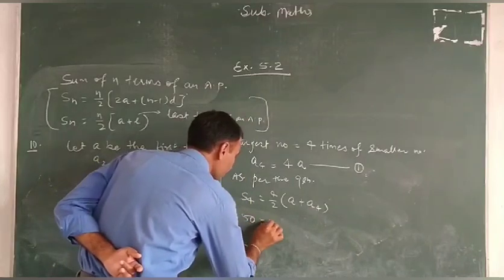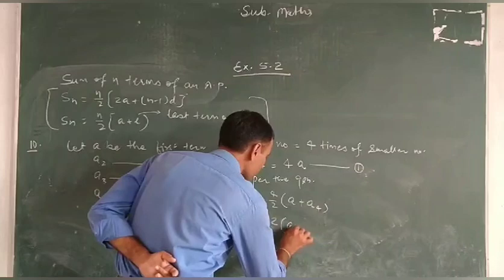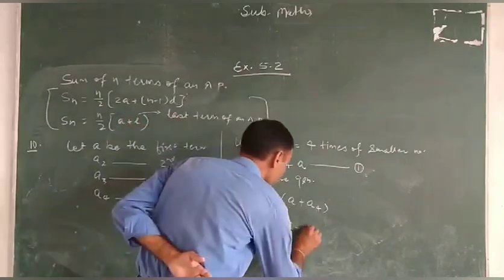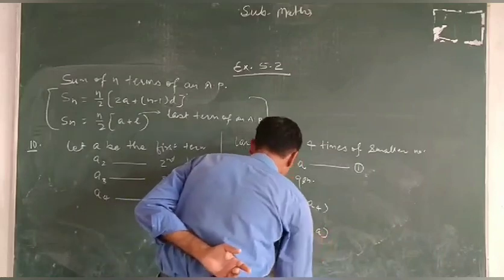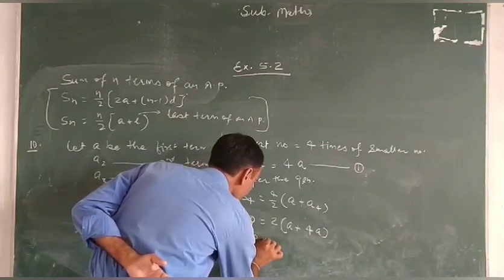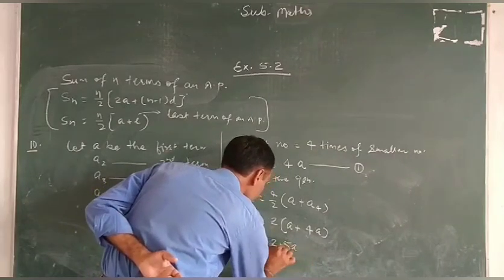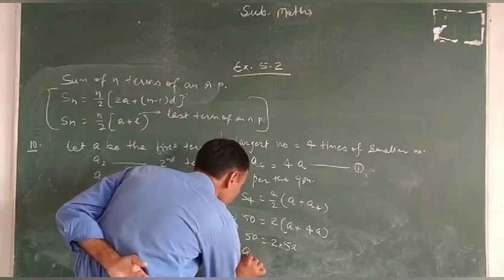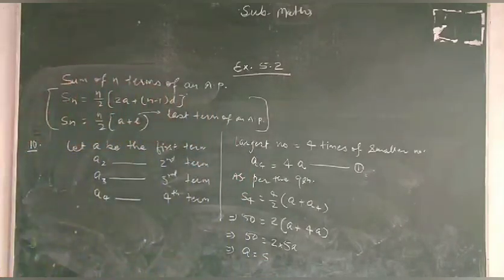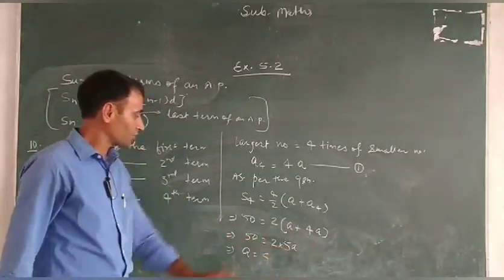S4 is given as 50, which is equal to 2 into (a plus 4a), from equation first we put the value of A4. So 50 will be equal to 2 into 5a, or a will be 5. By solving this equation, we get a is equal to 5.